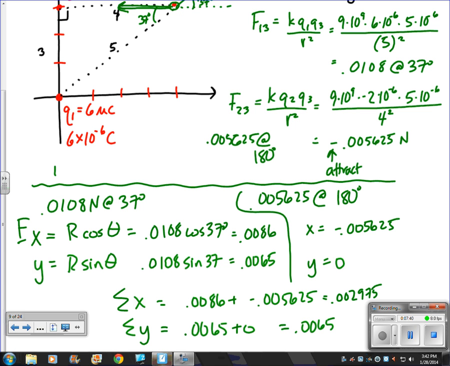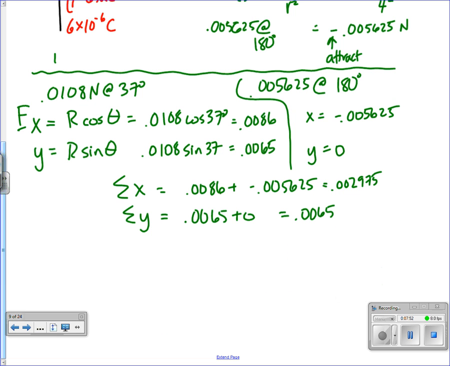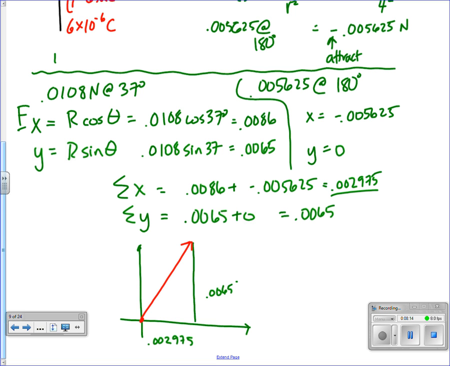Okay, now remember what this represents are the x and y coordinates of a vector, and I need to convert this into an r and a theta. So I'm going to sketch the coordinate plane again, and here's my x, 0.002975, and here's my y, 0.0065. And the resultant that I'm looking for gets me to the same place, but in terms of r and theta.